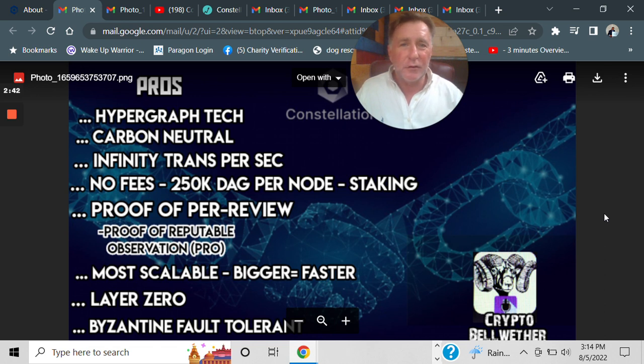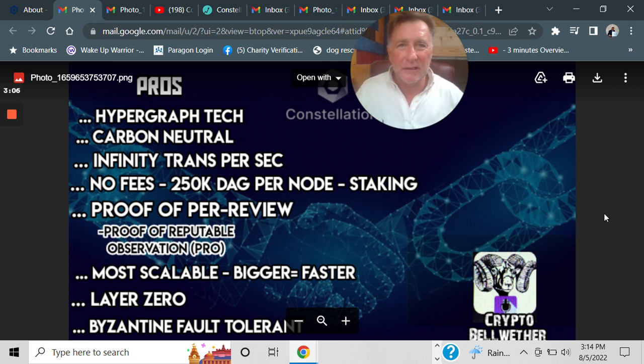Now, they're carbon neutral. Their transactions per second is infinity. As this project grows, it gets faster and faster, because of the way it is secured and the way it operates. The bigger it gets, the faster it can compute.